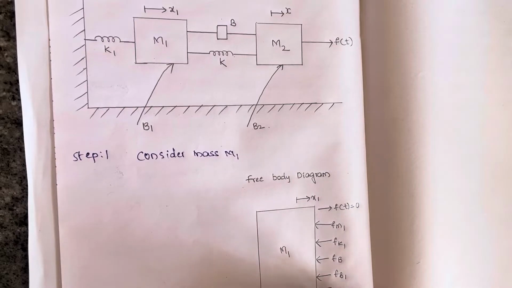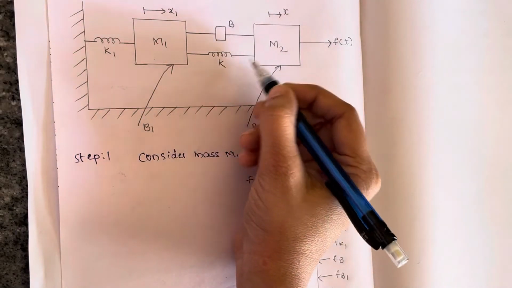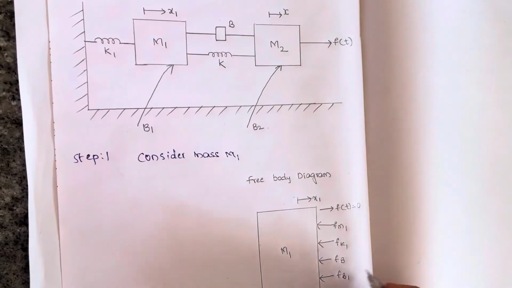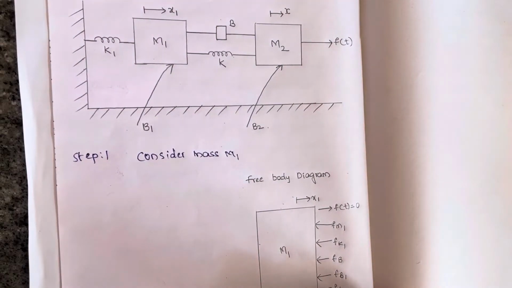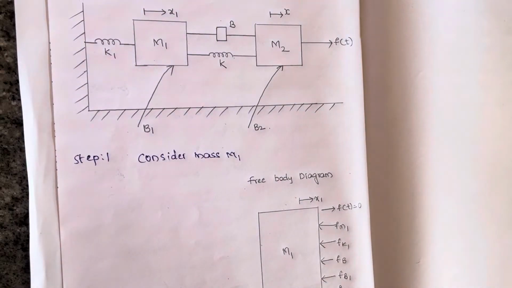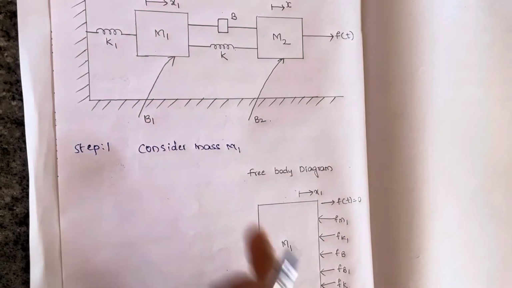We also have fk, the spring between m2 and m1. So this is the free body diagram for mass m1.